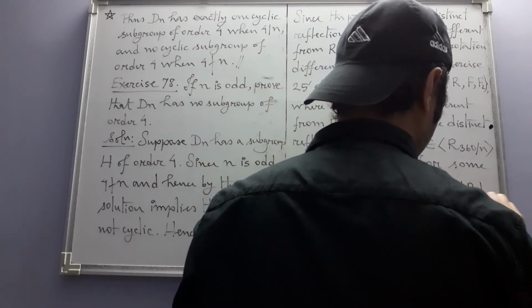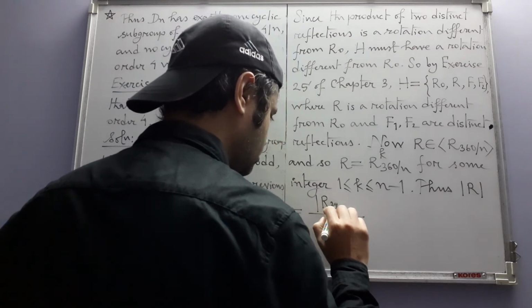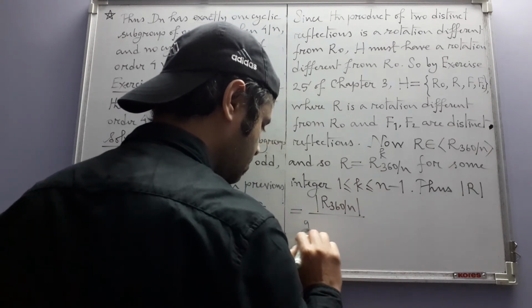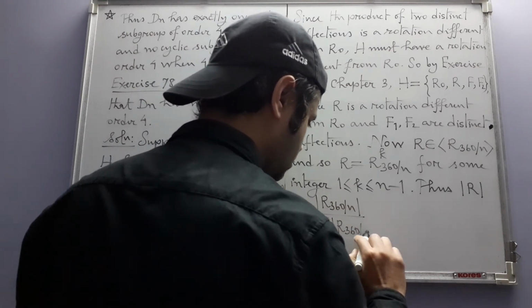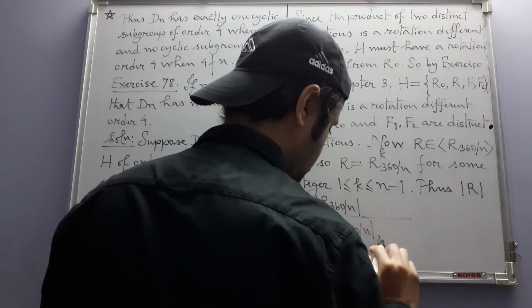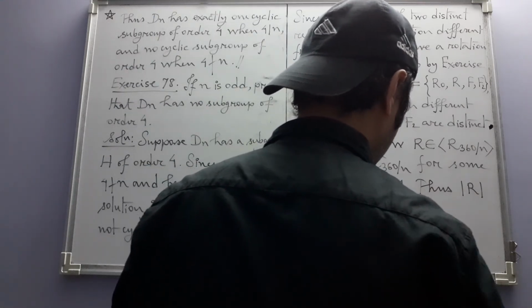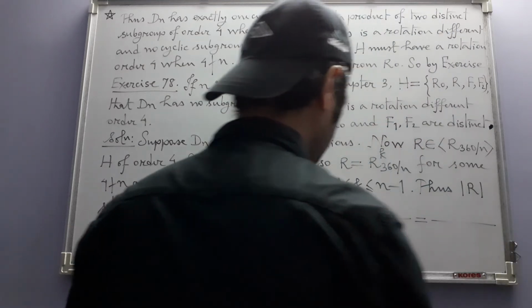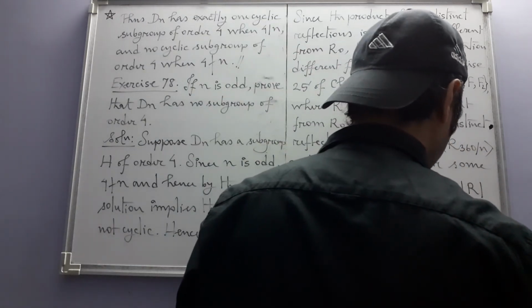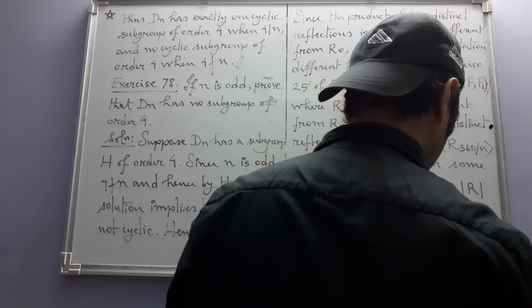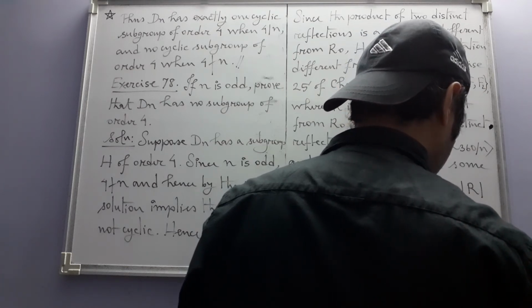Thus the order of R is equal to this divided by, now we know that this order is n because that's how the group of all rotations has order n, n divided by GCD of n comma k.